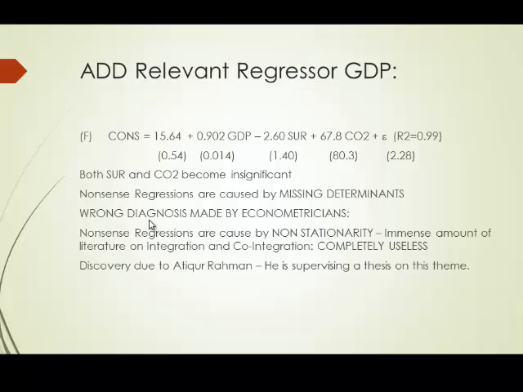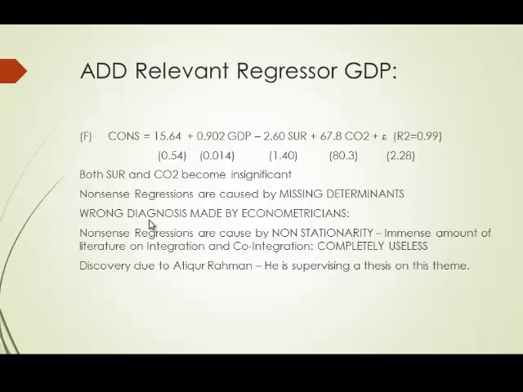Somebody who has done tests said that when you have a series of length 100, then you begin to get some correct results. Otherwise, the integration tests and co-integration tests have very low power. They cannot detect whether a series is integrated or not. So the idea of explaining nonsense regression by integration and co-integration is wrong.